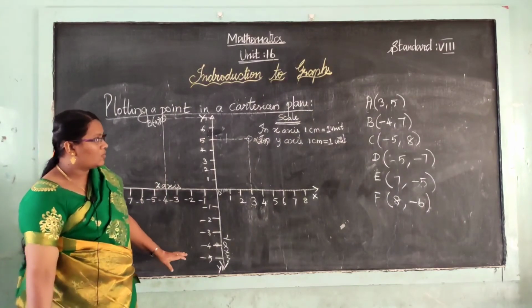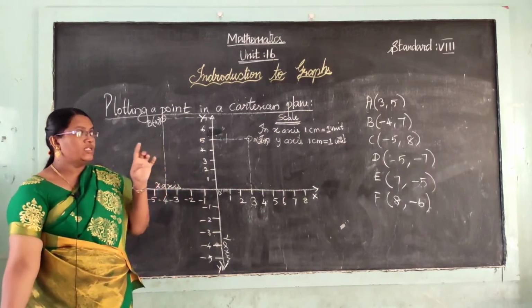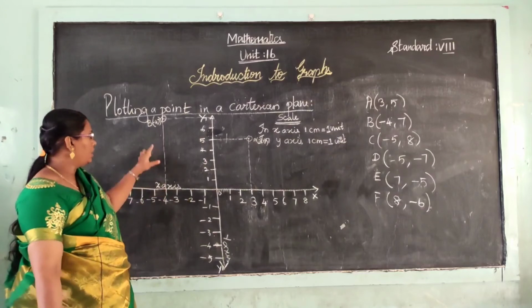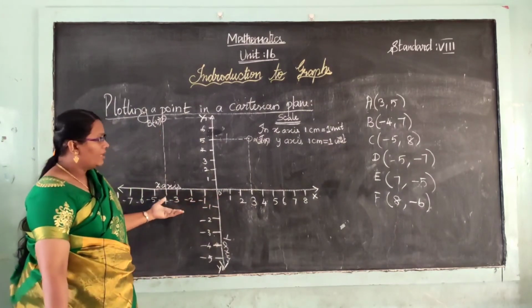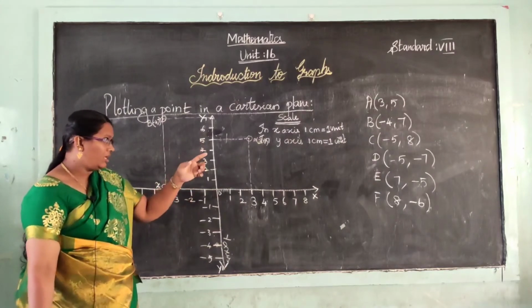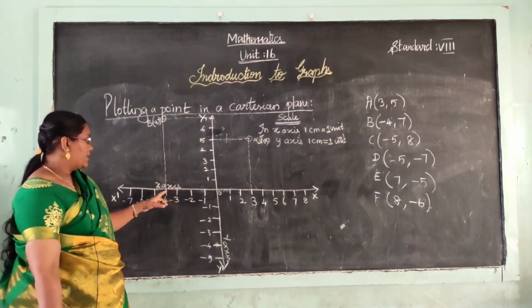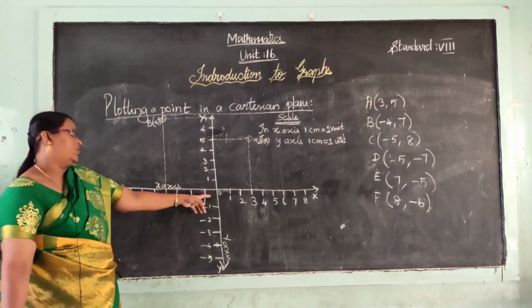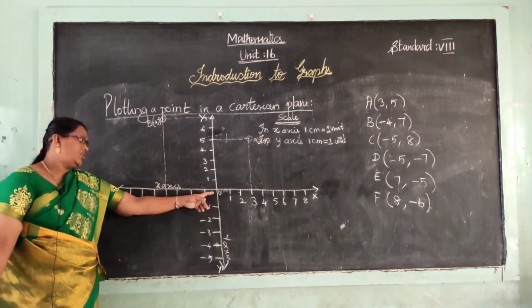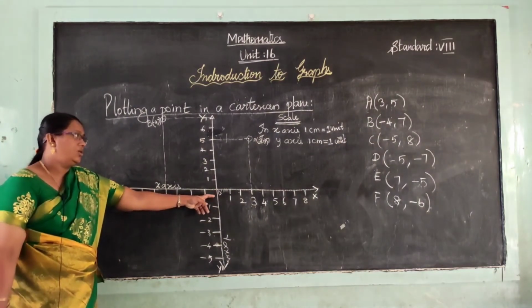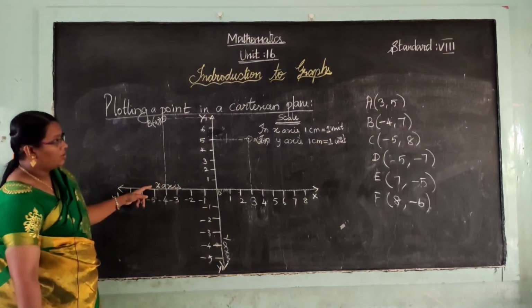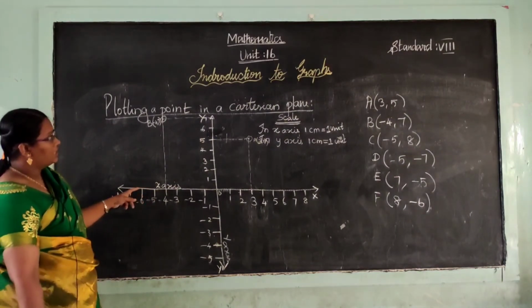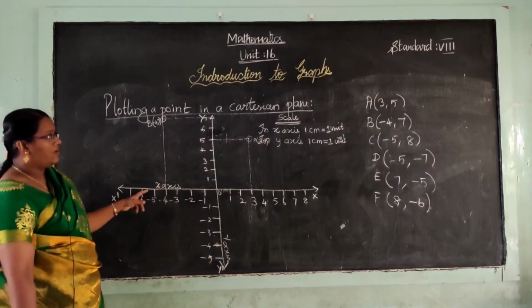Now move to the next one, C of -5, 8. Okay, we will put the dotted line or use the straight line. -5, 8. Where is the x-axis negative? The left side of the 0. So -5, where is it? Here. And next, 8 is given, so positive value 8.